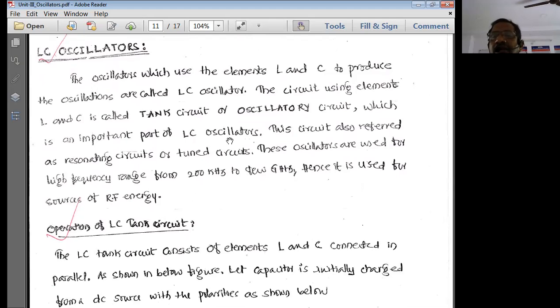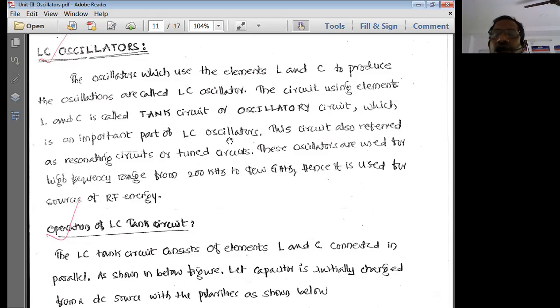It is tuned because the input frequency can be tuned based on tuning capacitors or tuning inductors. Usually we tune the capacitors. We consider a tuned capacitor instead of a fixed capacitor. By changing the value of a capacitor, we tune the circuit to the input signal frequencies.